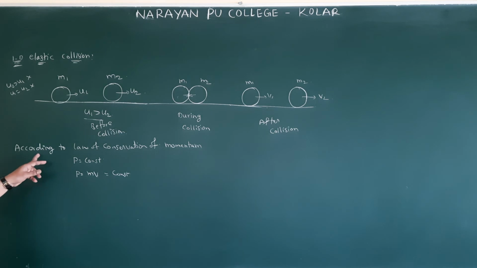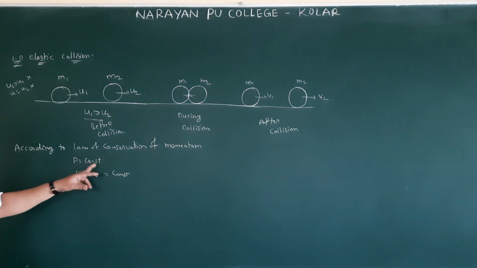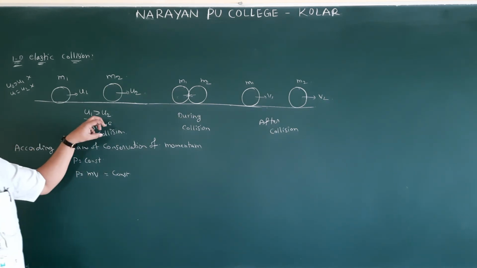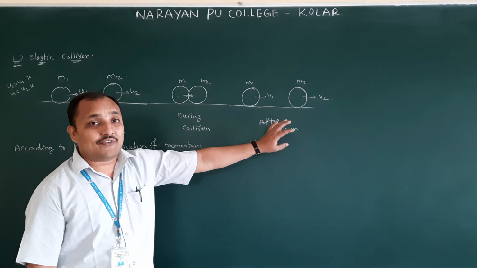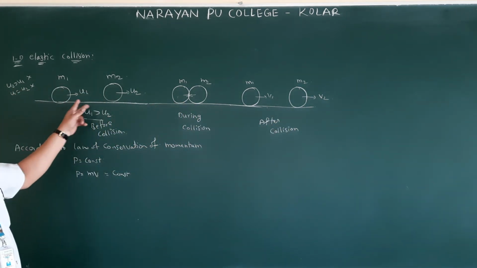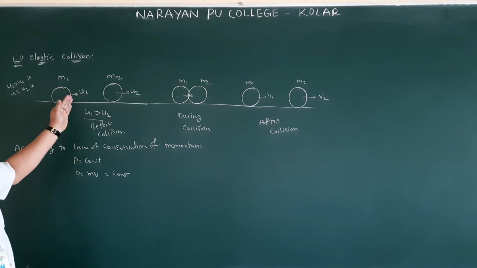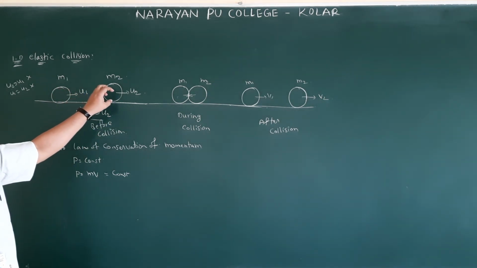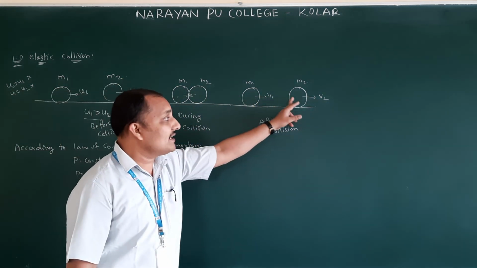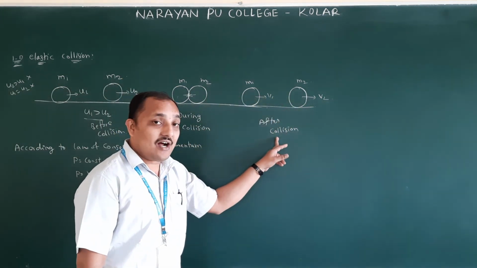So now we are writing this statement. According to the law of conservation of momentum, momentum is constant means momentum before collision should be equal to momentum after collision. If one object is there, we would simply write it, but here two objects are there. Therefore, the total momentum of the two bodies before collision should be equal to the total momentum of those two bodies after collision.